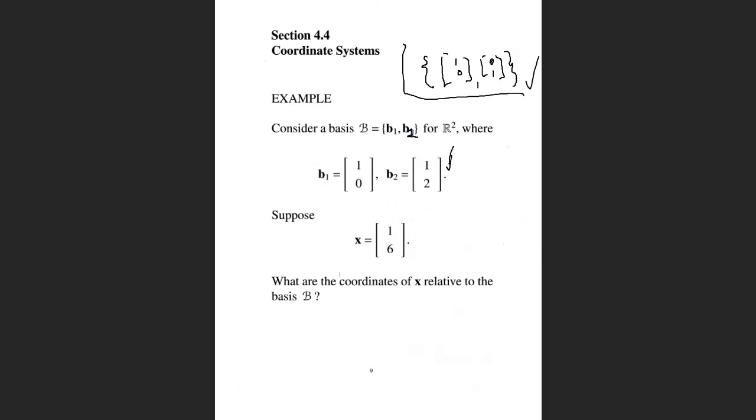Those vectors. Let's say you have a vector 1, 6. Well, we want to write the vector 1, 6. We want to know what the coordinates are of that vector 1, 6 relative to the basis consisting of vectors b1 and b2. Okay, that's what we want.